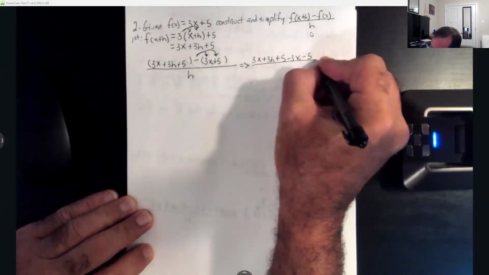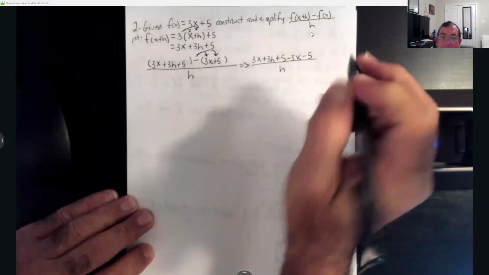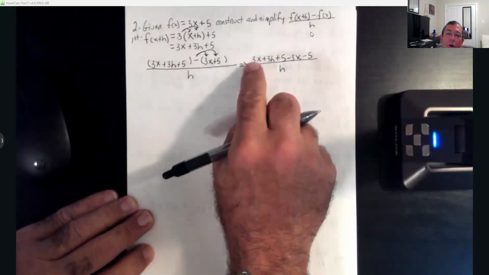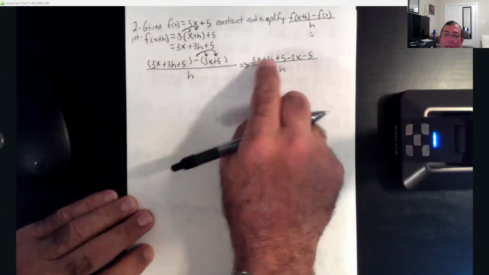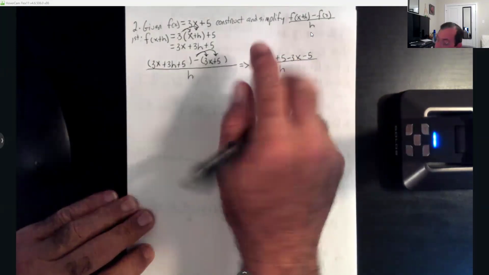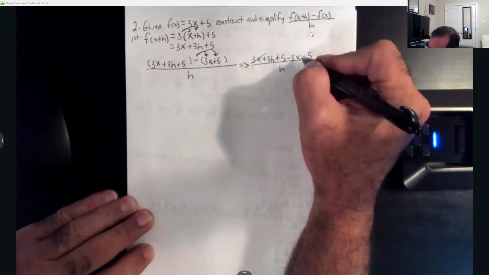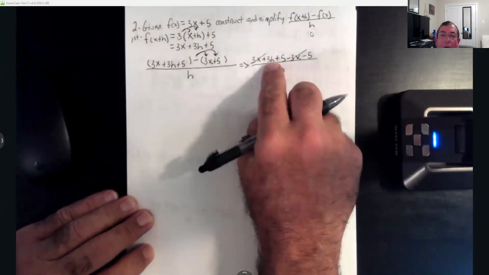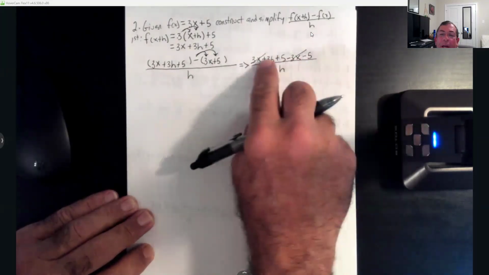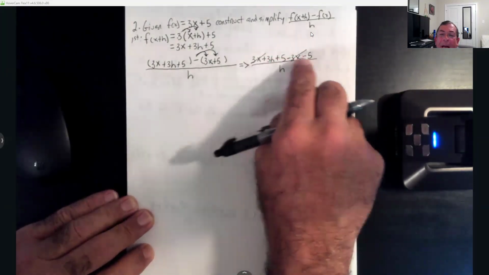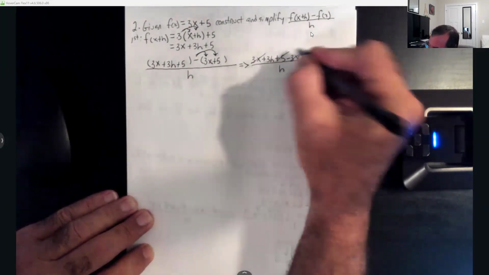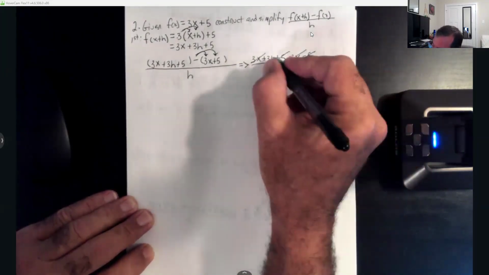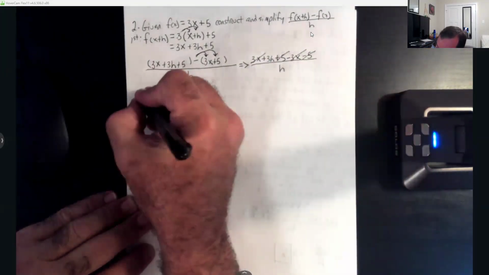And y'all, that's all over h. So notice, this don't have an h. It's going to cancel with the negative 3x. The 3h will stay because there's not another h. But then the 5 and the negative 5 cancel. So that I now have a 3h over h.